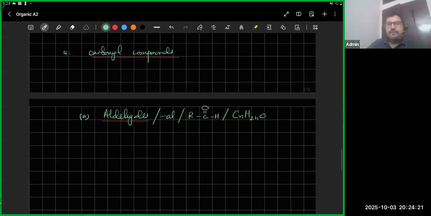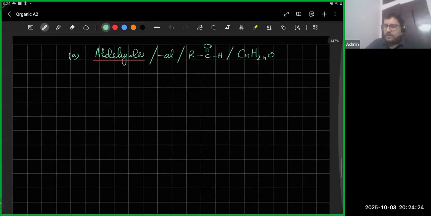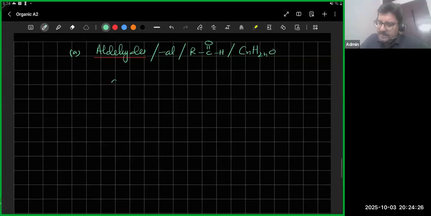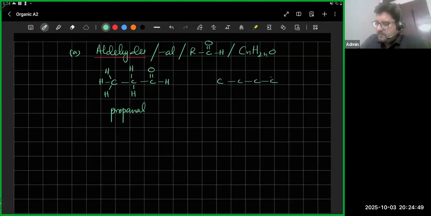So aldehydes are named in the same way. This one is going to be called propanal. So what if it has a double bond?